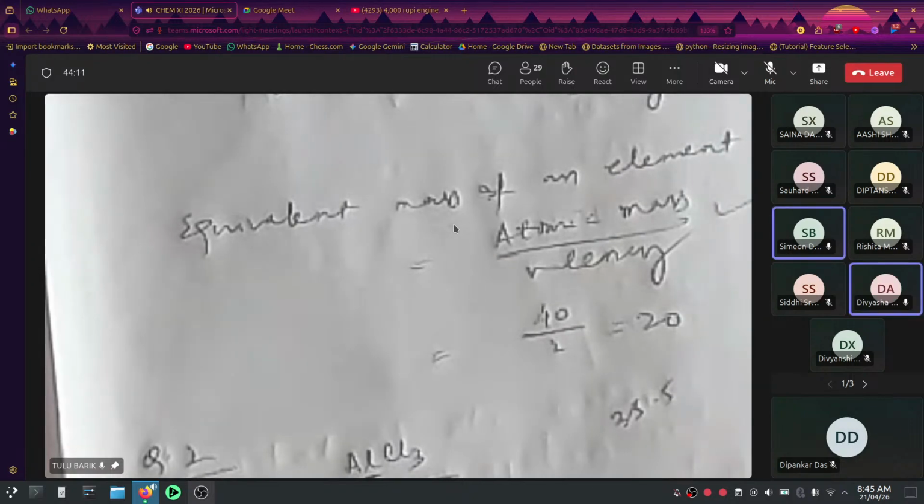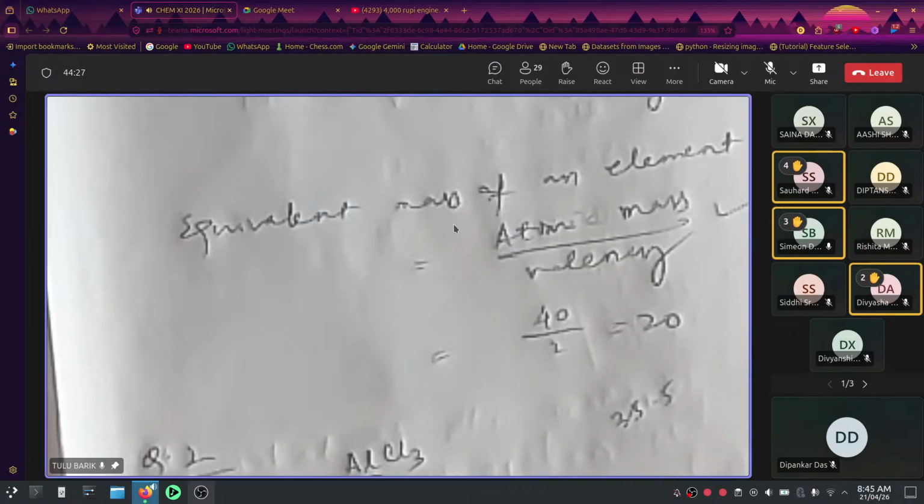Those who have solved this question, equivalent mass of zinc, please raise your hand. Four, five students. Sarmishta, Sohag, Simeon, Dibyasa, Ritesh.